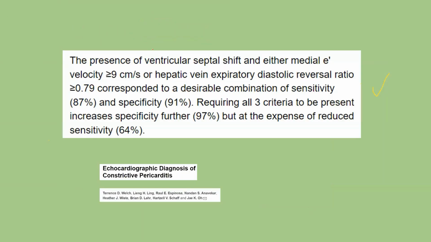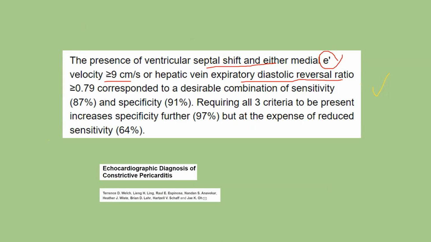Now, if you have septal bounce, medial E prime velocity more than 9, and hepatic vein expiratory diastolic flow reversal high, these are three features of constriction.